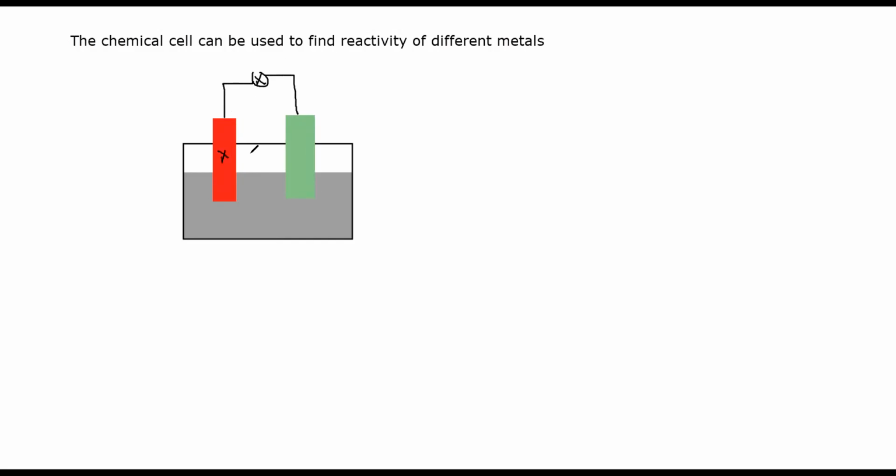Two metals are there, X and Y. And the electron is moving from Y to X. Which is more reactive metal here, X or Y? So Y is more reactive because electron always moves from the more reactive plate to the less reactive. So this shows Y is more reactive than X.